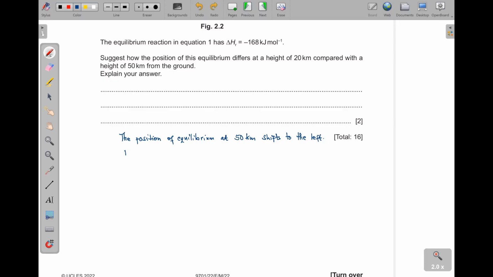Why? Because the forward reaction is exothermic.